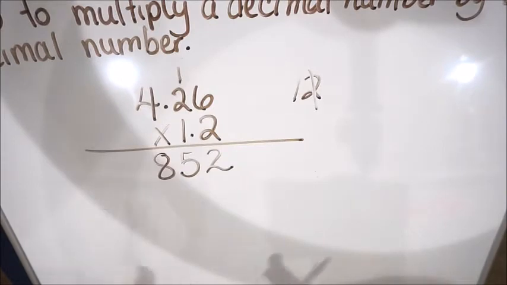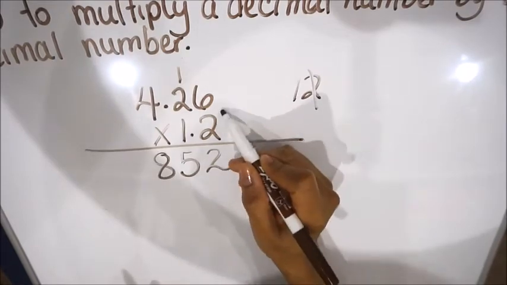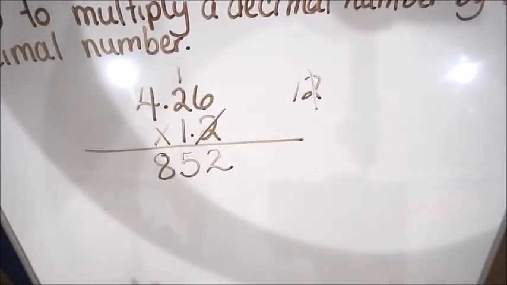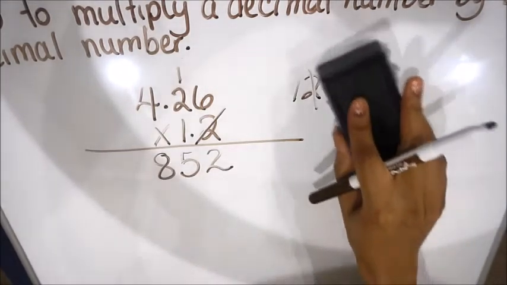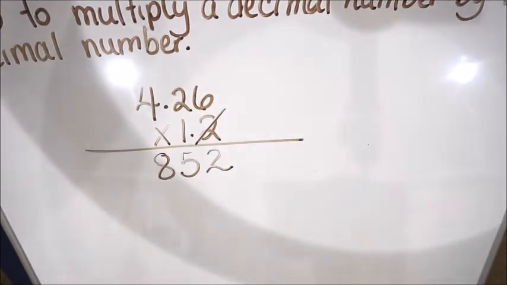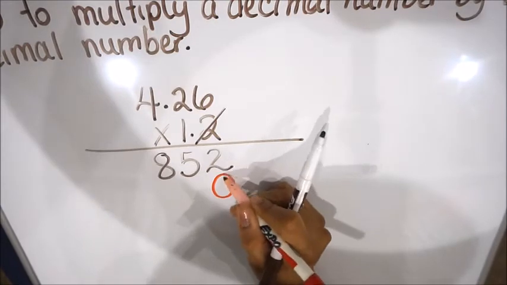What I like to do, once I finish using a particular number to multiply, I like to put a slash through it to remind me that I have already used that number, and I like to erase any other numbers that are on the outside so I'm not confused. Since I already used that 2/10 to multiply it by 4 and 26 hundredths, I'm going to write a placeholder right under my 2.